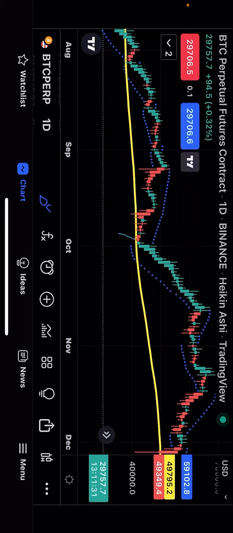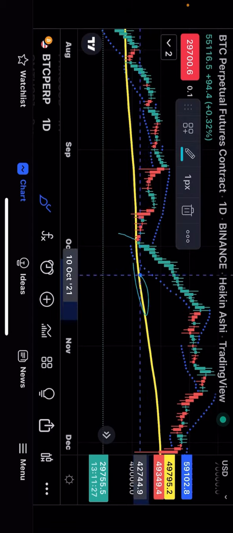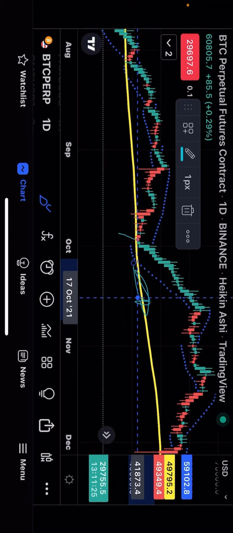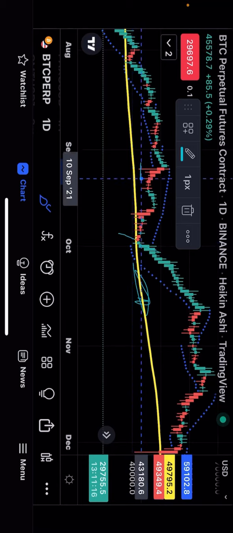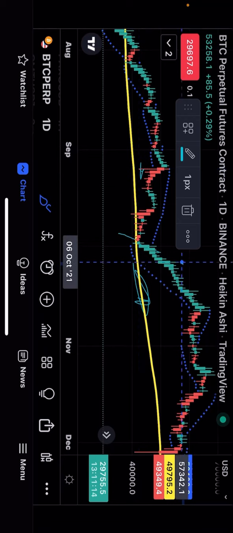So see this Heikin-Ashi candlestick, this green uptrend, the one that has passed over the EMA line. This is the EMA line. Now see the beginning here. This first one, second one, they did not have any wick below them. What are wicks? These tiny lines here, these are wicks.